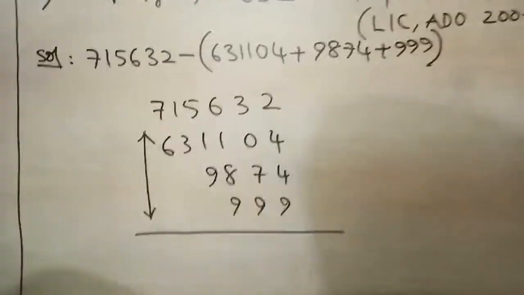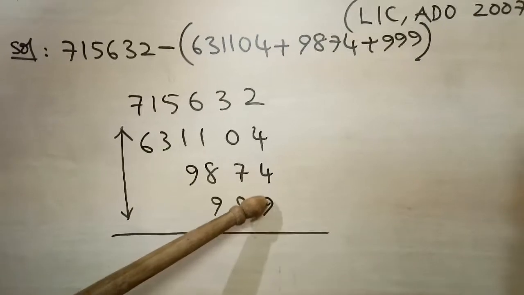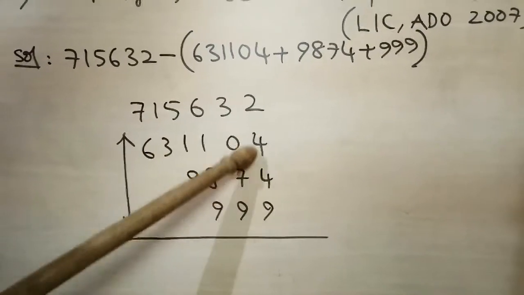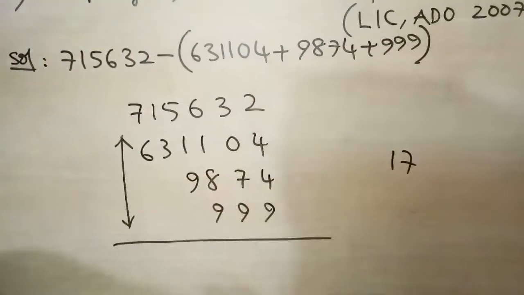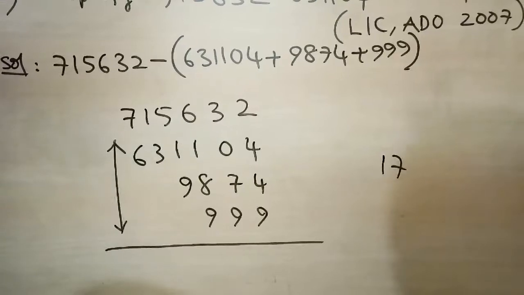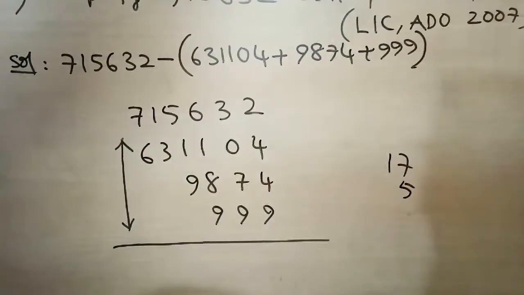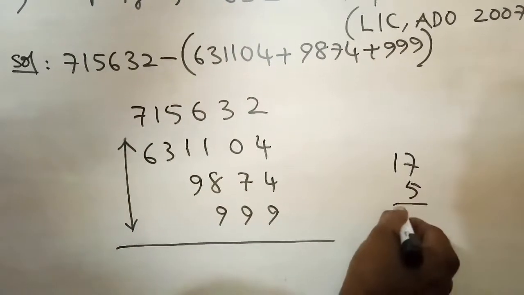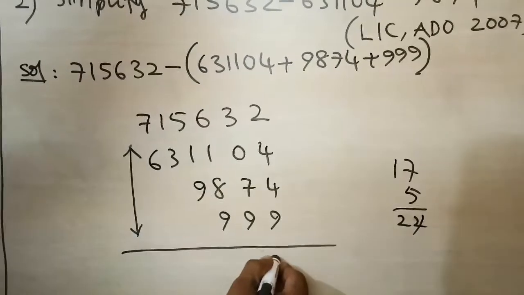For that I am doing, listen carefully. 9 plus 8, 17. But I want to get 2. To get 2 I am adding 5. 17 plus 5, 22. Therefore I am getting this 2.